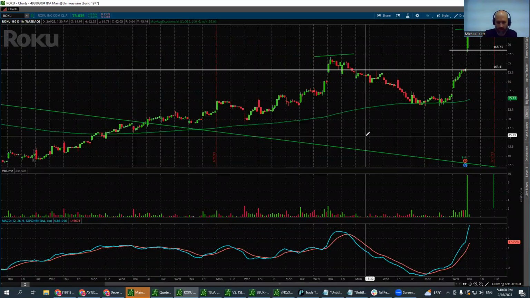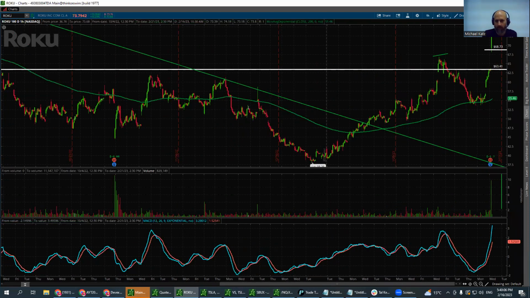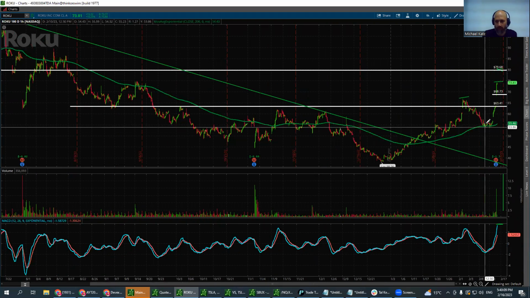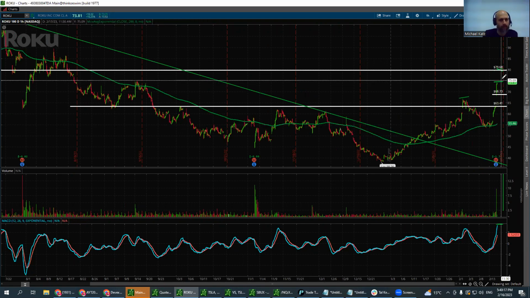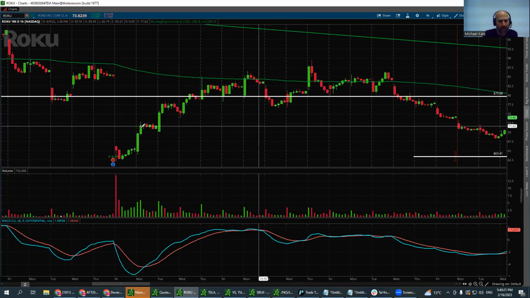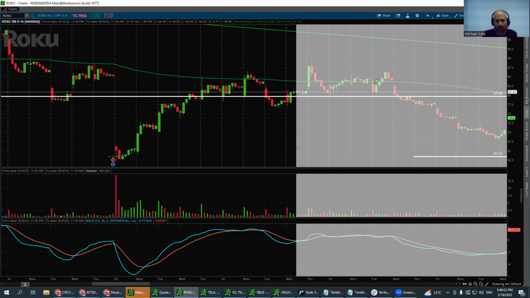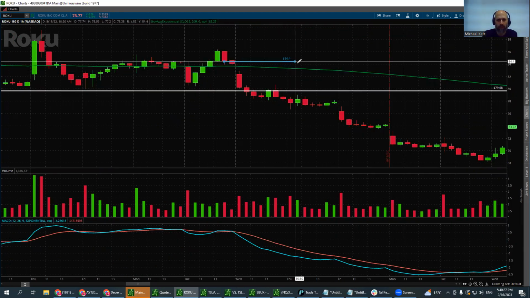Just interesting to see. Beautiful, held it beautifully at the 200 EMA. I see an open gap here, a small one at around 84.